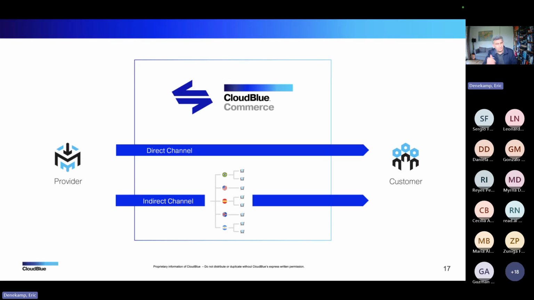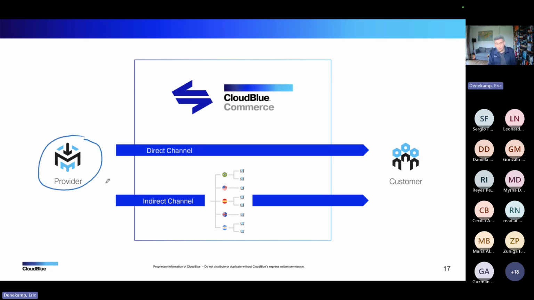Of course, if there are sub-resellers under Brazil and that sub-reseller logs into his level, he is not able to see what Brazil is doing. And that also means that that sub-reseller cannot see who his competitors are. He just sees his customers. And the weird thing in that scenario is that as a provider, you're able to see those.